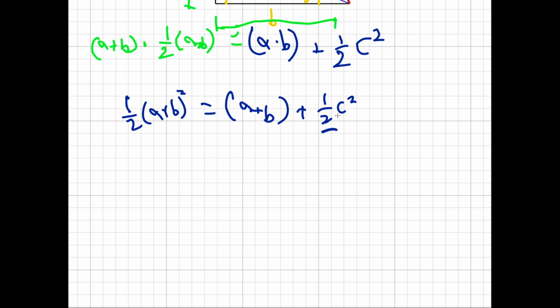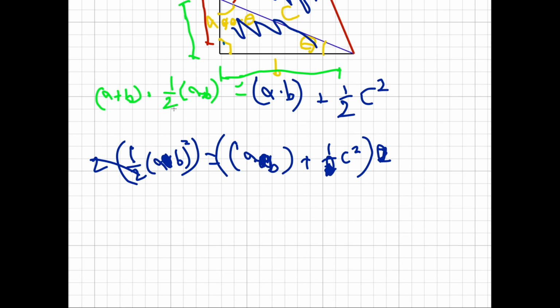And I don't really like these 1/2s, so let's multiply the whole thing by 2. So the 2's cancel out here, and the 2's cancel out here and here. So you get, no, wait a second. Sorry, this is going to be a times b. No, this is going to be plus.